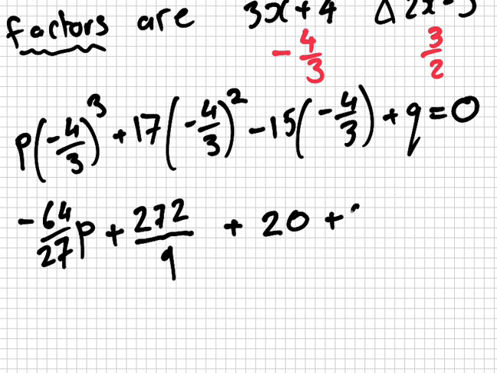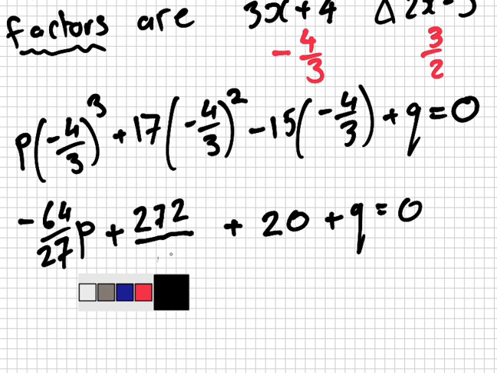Double check, please. If I want to get rid of the fraction, I should multiply everything by 27. But I won't bother. I'll just leave it like this for the moment, except I can put these two together.